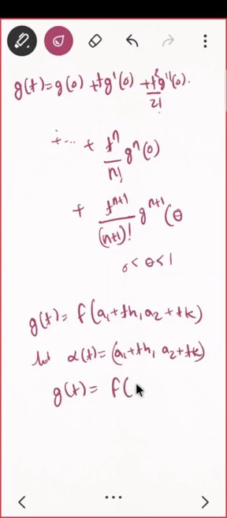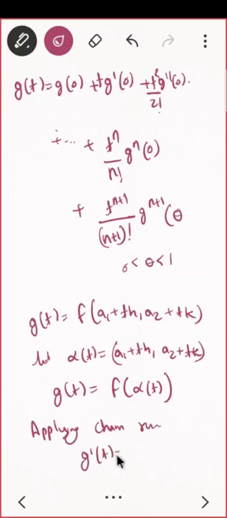G of t is f of alpha t, correct? By applying chain rule, what will you get? Chain rule, that is g dash of t will be delta of f of alpha t into alpha dash t. This is the chain rule, right?